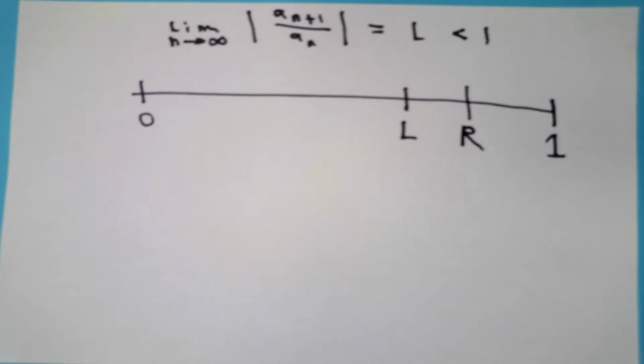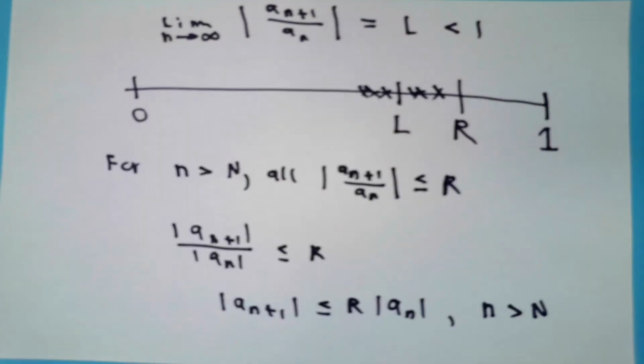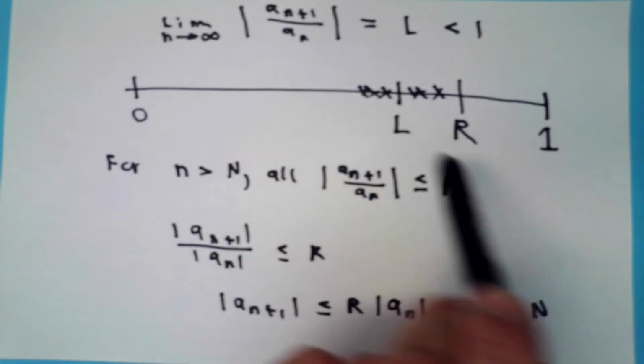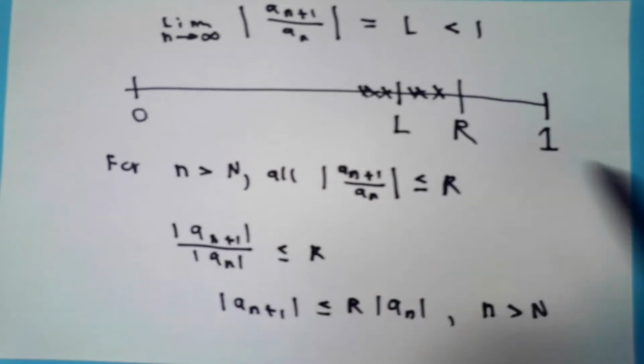The statement that the limit is equal to L means that after a while, all of these numbers, absolute value of a_(n+1) over a_n, are very close to L. There must be a number R between L and 1, so this R is larger than L, but it isn't as big as 1.